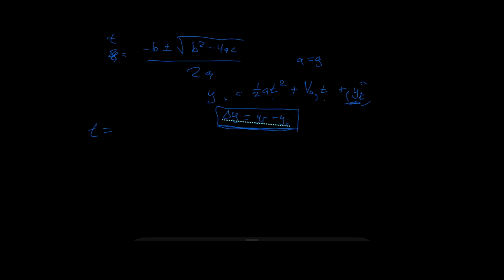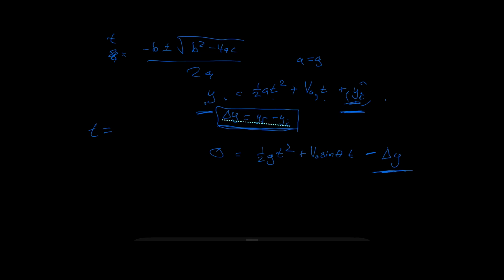So you have 1/2 g t squared plus v naught y, which was v naught sine theta, times t, minus delta y, because we're moving the y final over to the other side. This makes this whole thing negative, and that equals 0.